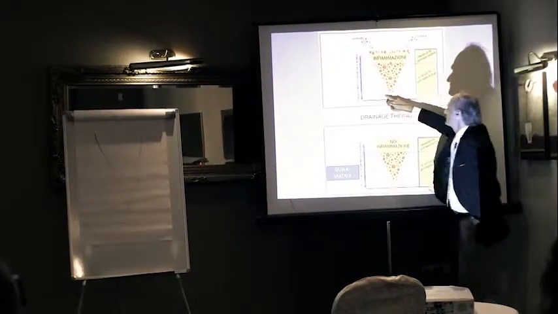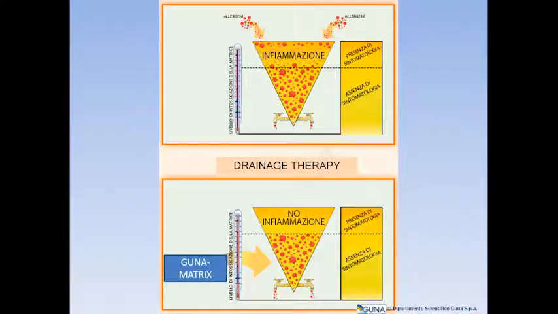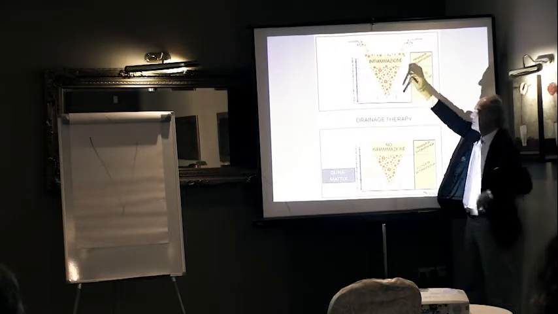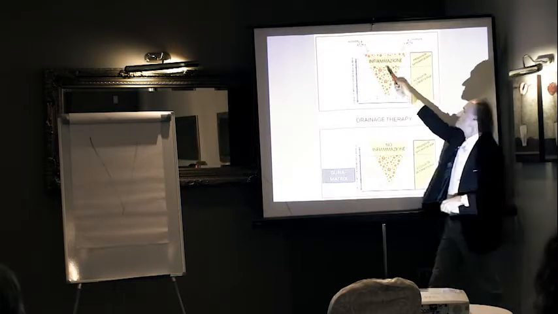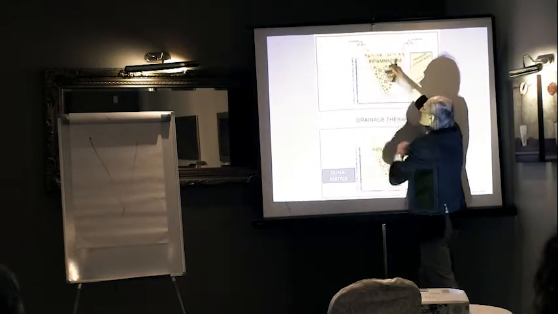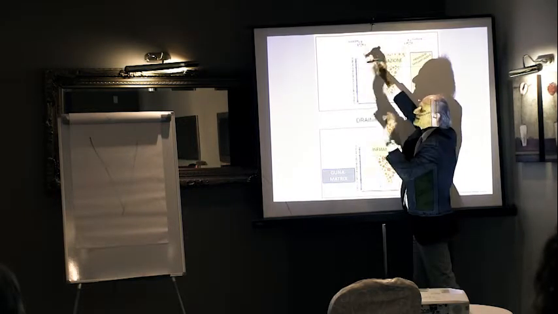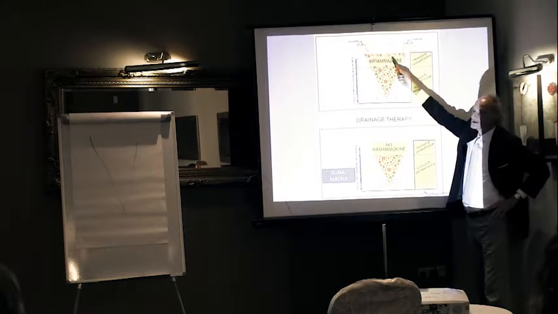If we don't have a good drainage of the extracellular matrix, the only possibility for the body to maintain the homeostasis, in order to not have toxins out of the extracellular matrix impregnating the cells, is to burn the toxins.